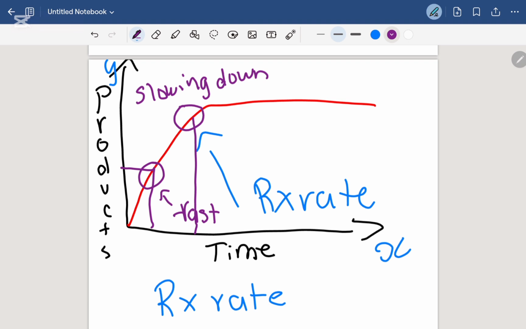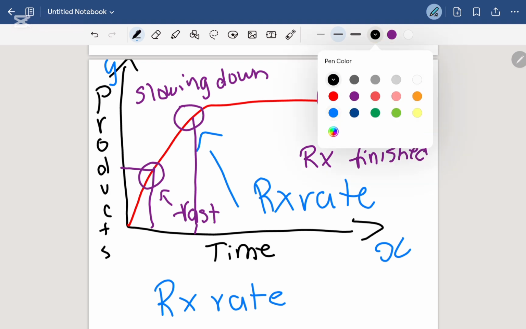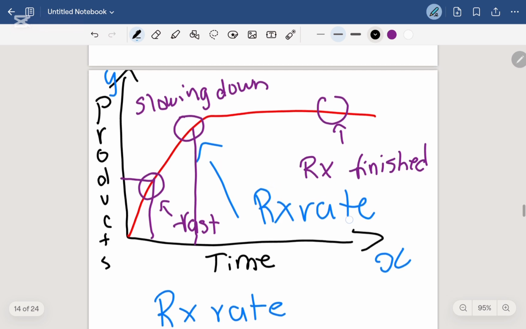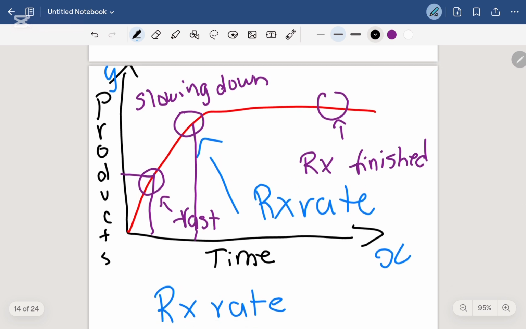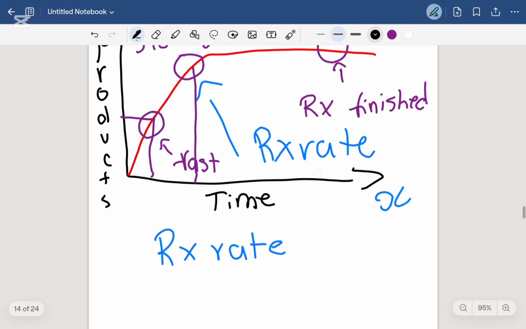Then finally at the end it becomes a constant straight line. It becomes the plateau. So here, the reaction is finished. Now, we can make a general rule that in the reaction rate graph, at the beginning it's faster, then towards the curve it starts to slow down, and then at the end, when no more products are being produced, the reaction has finished.